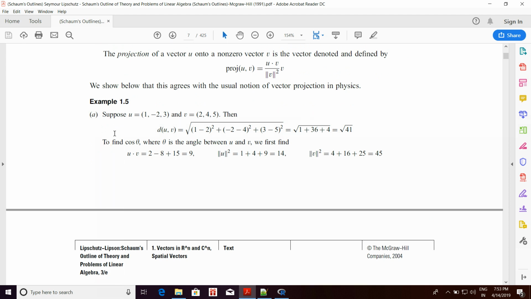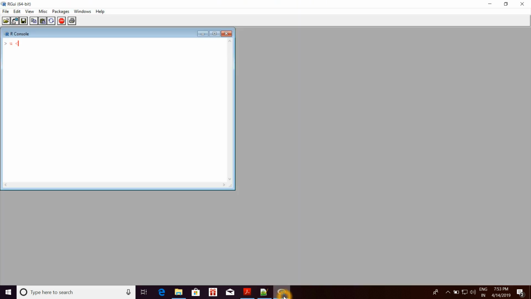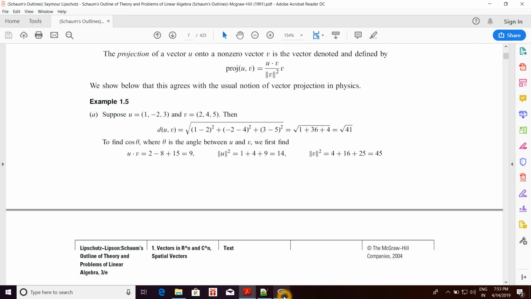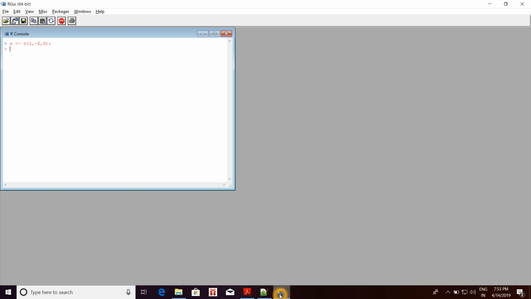In order to do that, we first have to define two vectors, one is u and another is v. So u is equal to 1, minus 2, 3, and v is equal to 2, 4, 5.